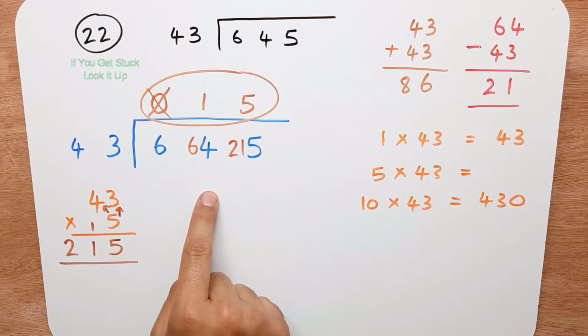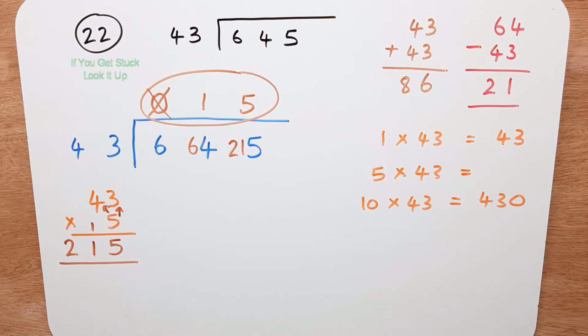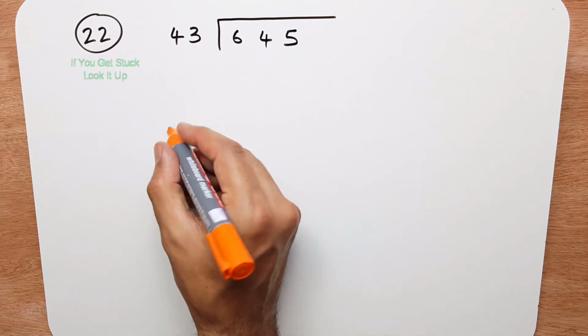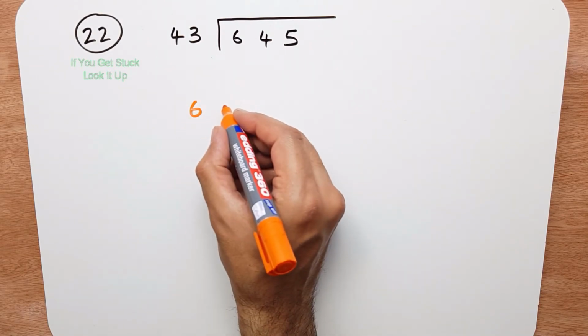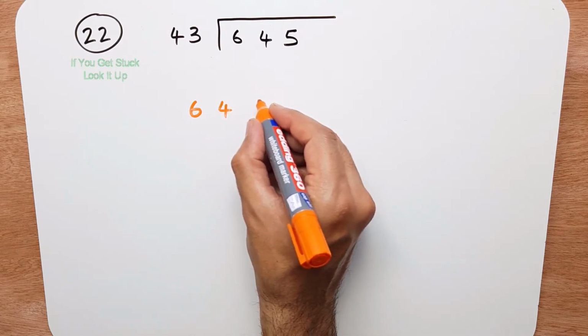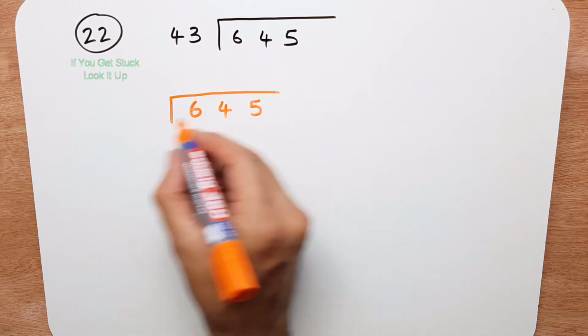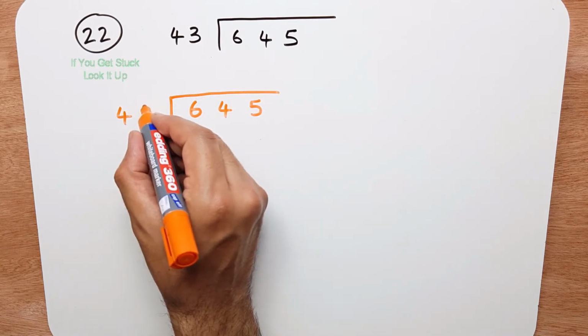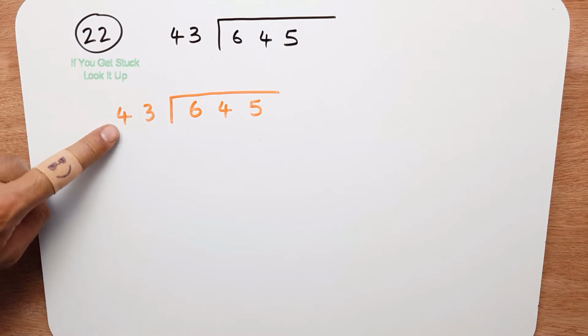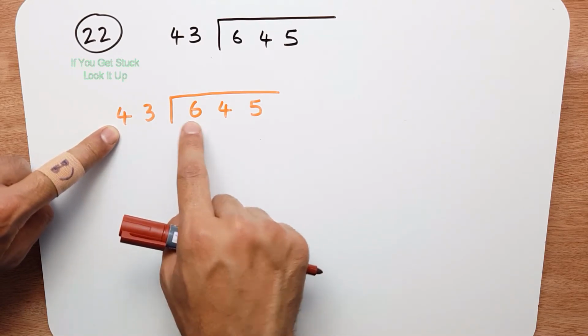Now we can attempt it using long division. So let me rub all this out. So let me write this out here. 645 divided by 43. So how many 43s are there in 6? 0.